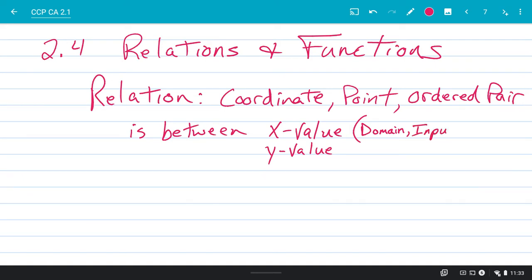Input or independent variable. Okay, so what are names for the y values? Range, output, or the dependent.